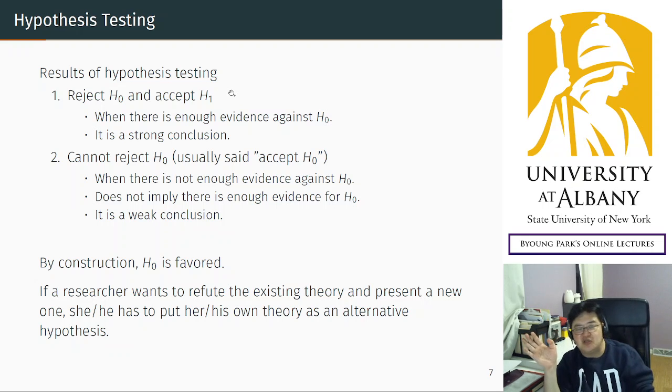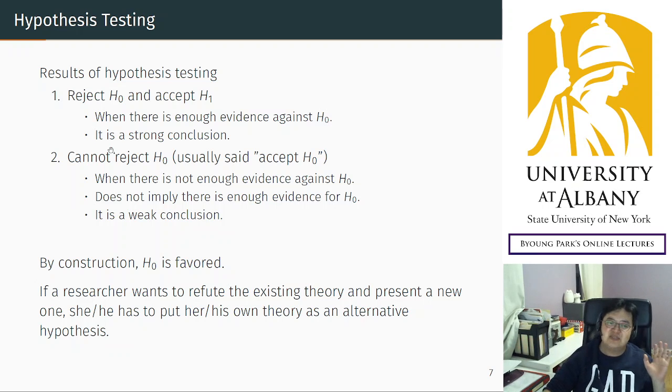And the other decision is we will keep the incumbent and turn down the challenger. That's a second possible decision. Here, as I said earlier, we will keep the incumbent null hypothesis even if there is no evidence, right?